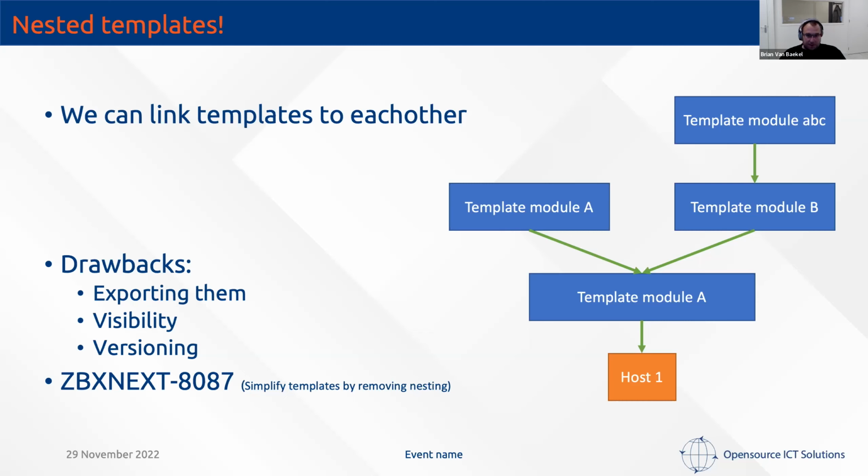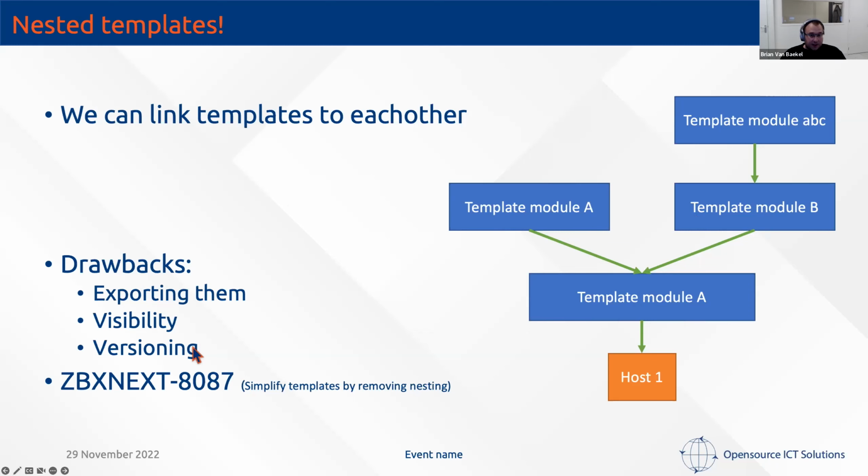And that's, in my opinion, mainly because of the first drawback. Exporting them is problematic. If I export template module A, then I also must have the other linked templates, otherwise I cannot import it. Same thing goes for visibility. It's hard to see which template is linked through which template. And one of the key things that is giving trouble is versioning.